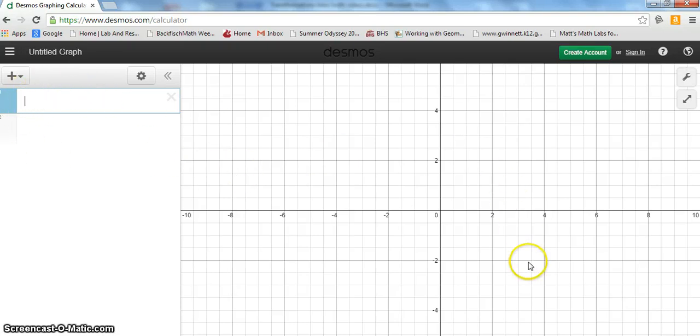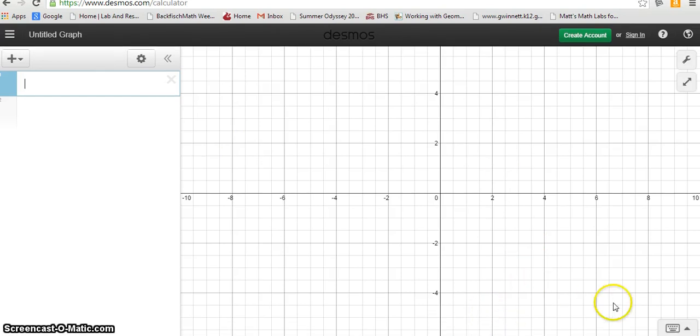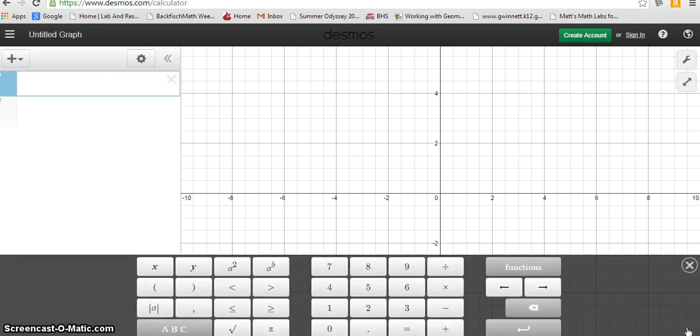Notice, down here where it says show keypad, you have this option to bring up all of these things, including squared, square root, pi symbol, etc.